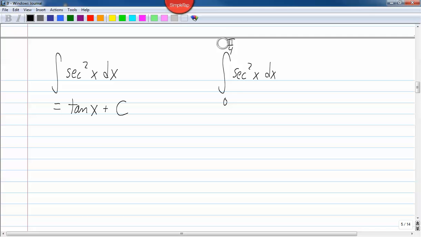But if we do a definite integral, then we say, okay, that's equal to tangent of x. Then we evaluate that using our boundaries, from 0 to pi over 4. And so that's the tangent of pi over 4 minus the tangent of 0, or 1 minus 0, which is 1.